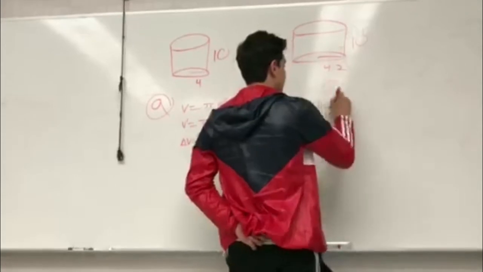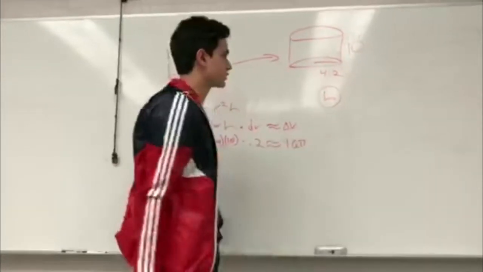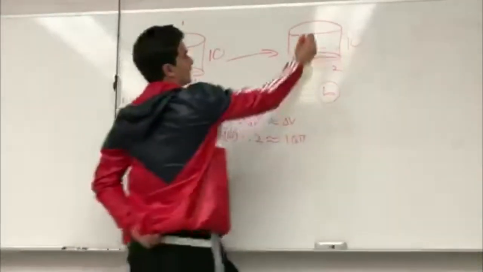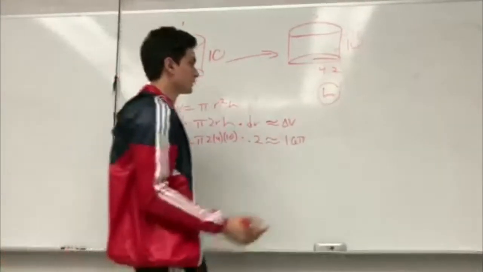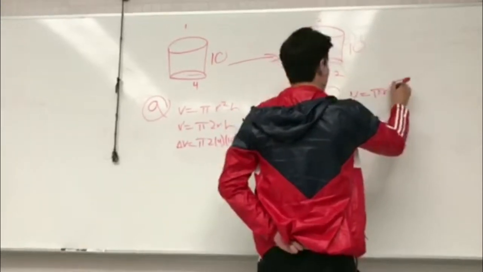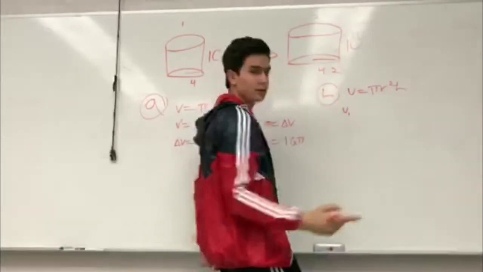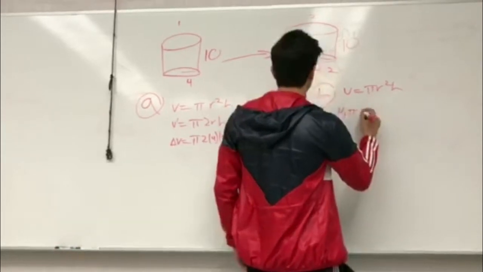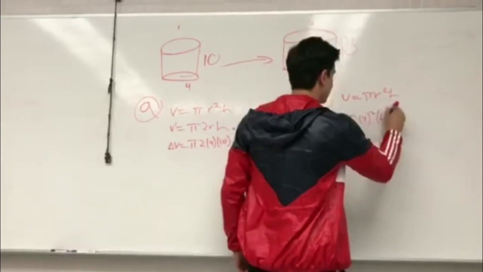Now for part B, we need to find the actual change. To find the actual change, we just find the volume of the first cylinder and the volume of the second cylinder and subtract to find the difference. So V equals pi r squared times h. The volume of the first cylinder will be pi times 4 squared times 10.